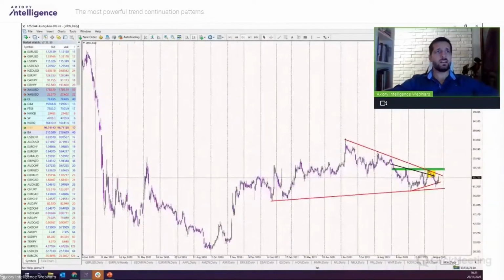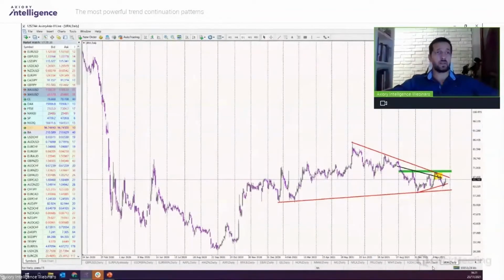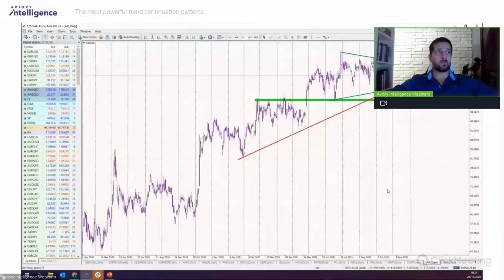Let's see more patterns. So here we have Westfield. On Westfield, we are inside of the symmetric triangle pattern, and we are waiting for the breakout. So it's the formation still to come. This is Airbus, we are also in the symmetric triangle, and here we are still about to see a breakout.